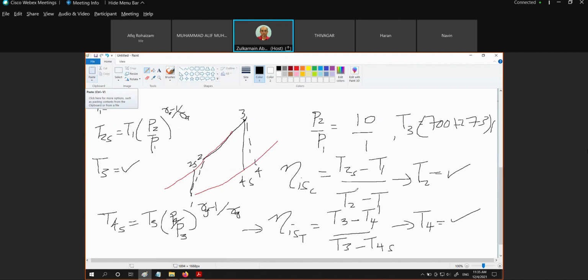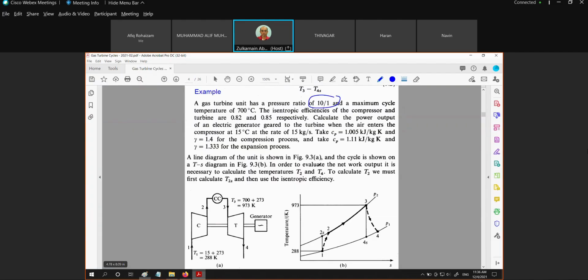Okay, then we can get what is the W net. The W net is equal to the W34 minus W12. And in this case, we are given the mass flow rate as 15 kilogram per second.